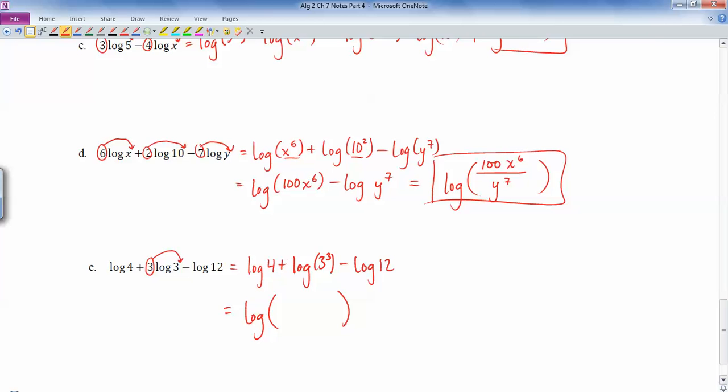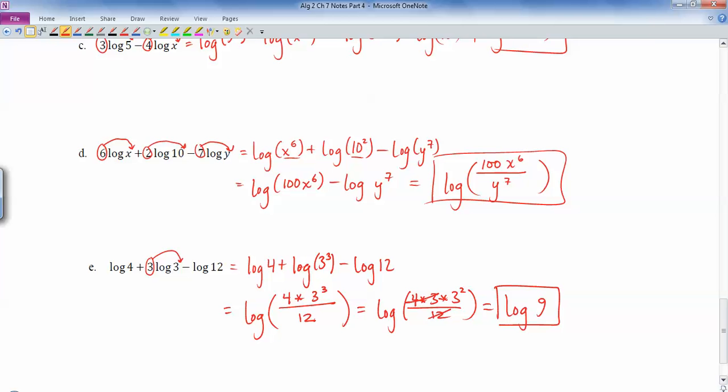The 4 gets multiplied by the 3 cubed. And then the 12, since it's subtracting log 12, the 12 ends up on the bottom. Well, we can actually simplify this without having to work out the whole thing. Let me do this. Log 4 times 3 times 2 more 3's over 12. So then the 4 and 3 is a 12, and that cancels with that. So I just get log of 9 for the whole thing.